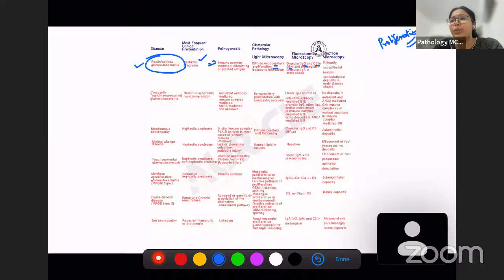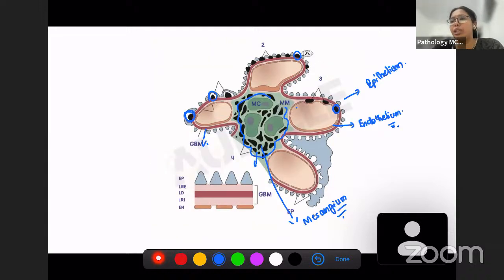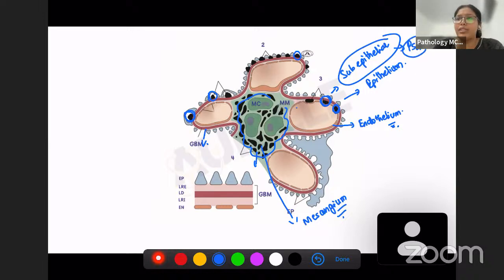Mostly these are going to be subepithelial deposits, also known as subepithelial humps below the epithelium. You can see here that below the epithelium there are a few deposits. These subepithelial deposits are what are seen in post-streptococcal glomerulonephritis.